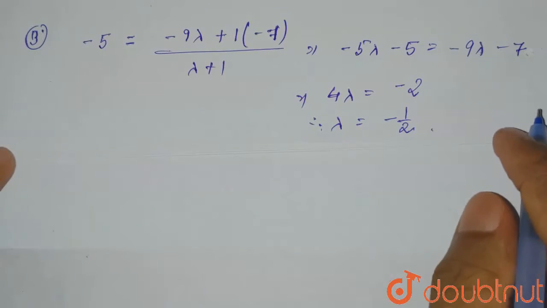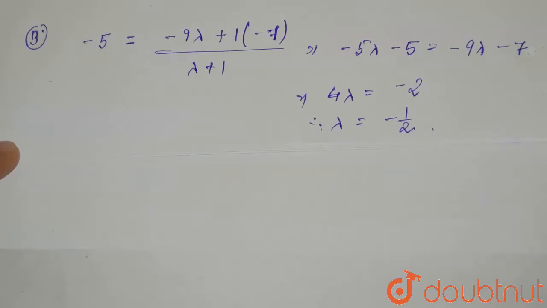So we have seen that for the first option, all three coordinates satisfy the same value of lambda. That means the line AB is divided in the ratio 1:2, and the three points are collinear.